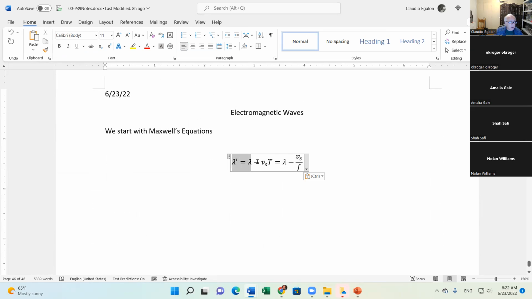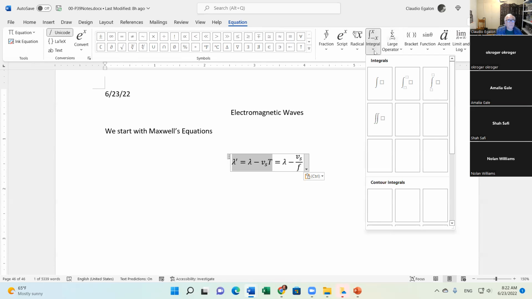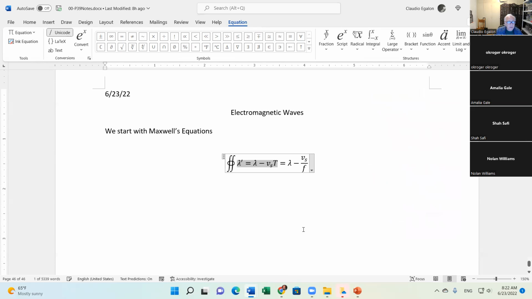Two integrals are integrals over a closed area. Closed area, here you go. A closed area integral, right?